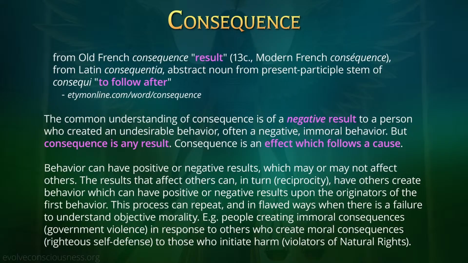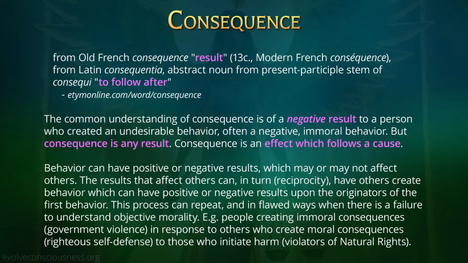So people think the government has a right to do it against people who are not violating morality, who are not violating the natural rights of others. And those would be the people who create moral consequences, for instance.